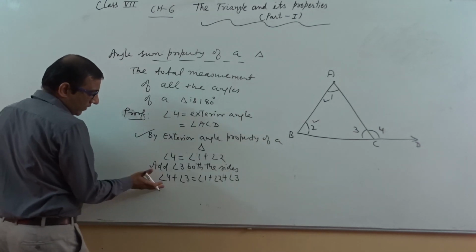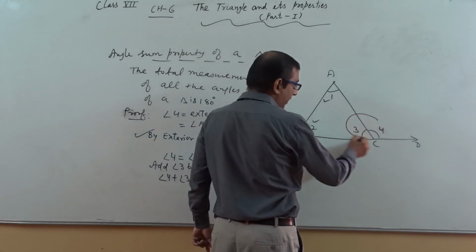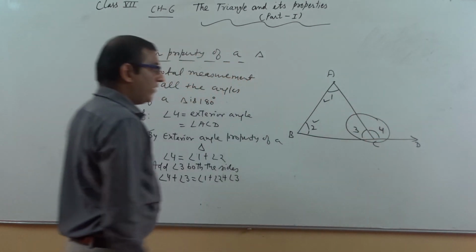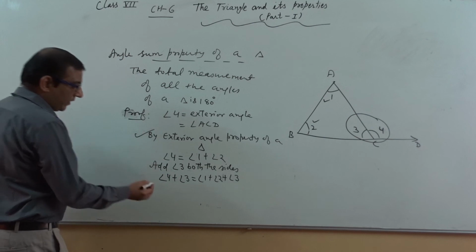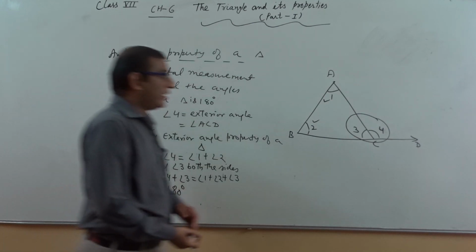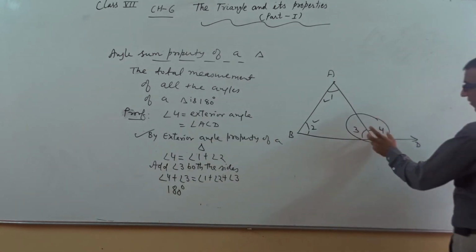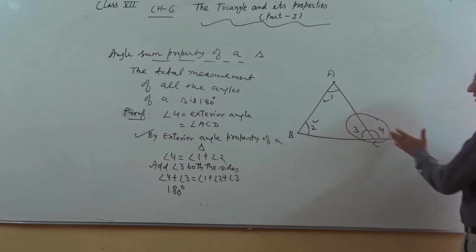Now come to the left hand side. What is angle 4 plus angle 3? If we see here, angle 4 and 3, here we will apply the concept of linear pair. That's why their sum becomes 180 degree. Angle 3 plus angle 4 is equal to 180 degree, because these are adjacent angles.